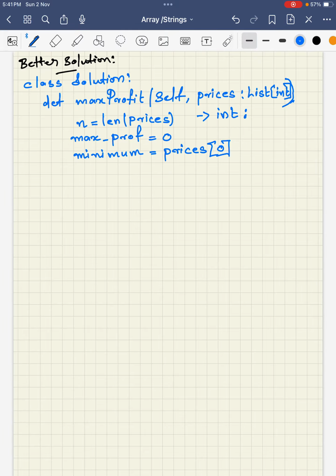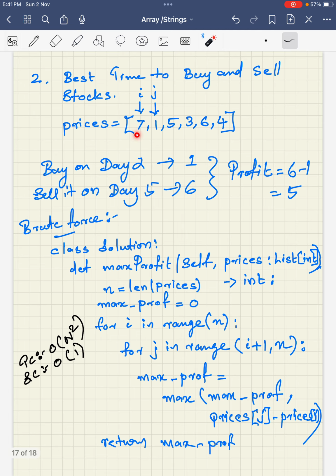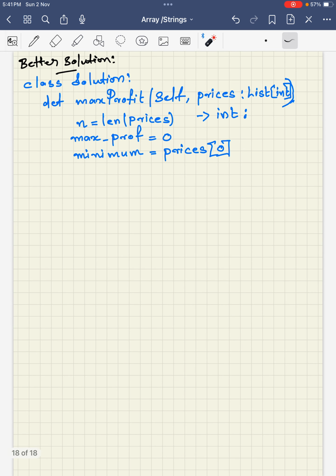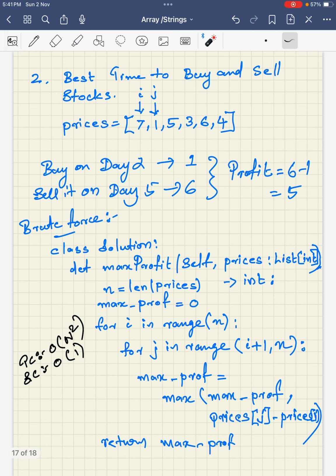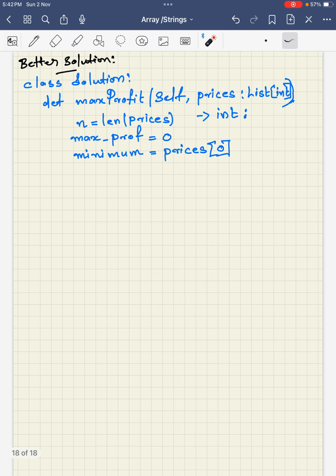As I go through this particular array prices, I'm going to find what could be the minimum value so far, and the maximum profit would be updated in such a fashion using the existing point of the pointer and the difference from the minimum value we have already assigned. Maybe intuitively it is not that clear, but we can understand while we are coding.